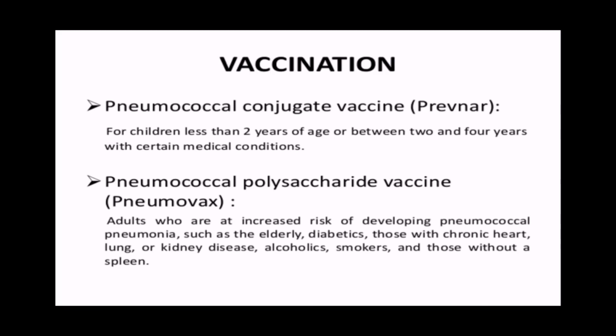Pneumococcal polysaccharide vaccine, also called Pneumovax, is used by adults who are at increased risk of developing pneumococcal pneumonia, such as the elderly, those with diabetes, chronic heart, lung, and kidney diseases, alcoholics, smokers, and those without a spleen.